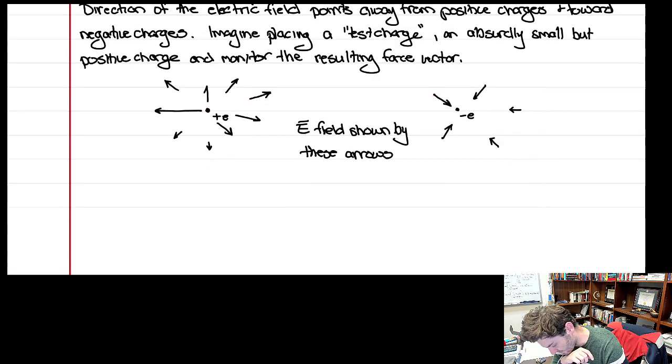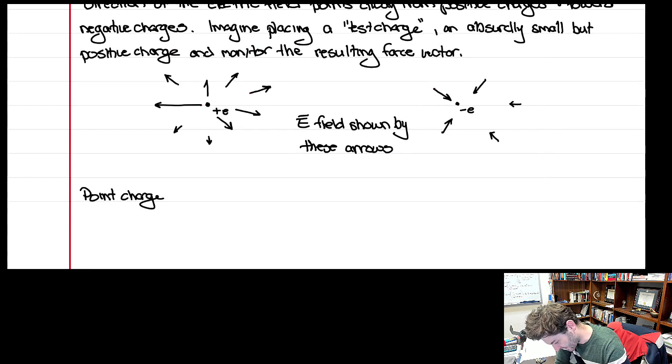So if I look at, say, a point charge, let's stick with, we have some charge here, and it has some charge Q. Say Q is positive for right now. I were to place some test charge here, which I'll call little q.